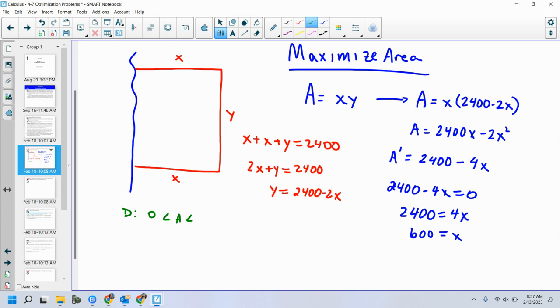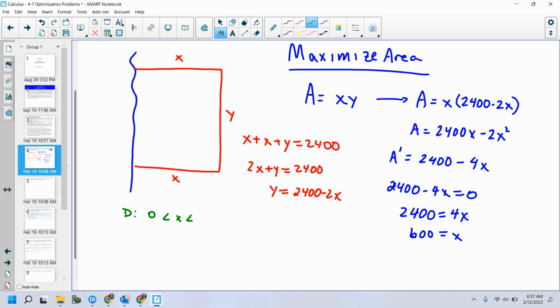What's my biggest area? Oh, I'm sorry, I'm not looking at area. Domain is x. Durr. What's the smallest x value I could possibly get? 0. Okay. What's the biggest x value I could possibly get? What if I use all my fencing for x and y is 0?